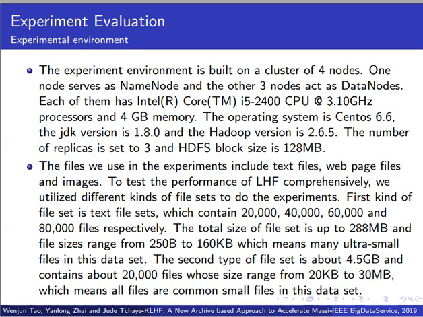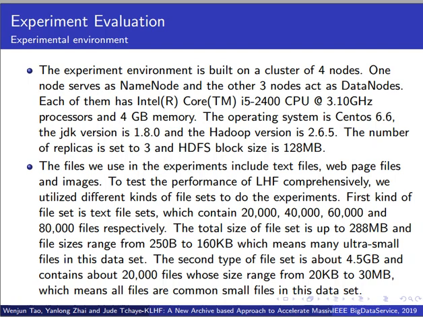The experimental environment is built on a cluster of 4 nodes. One node serves as the name node, and the other 3 nodes act as data nodes. Each of them has 4 processors and 4 GB memory. The operating system is CentOS 6.6.